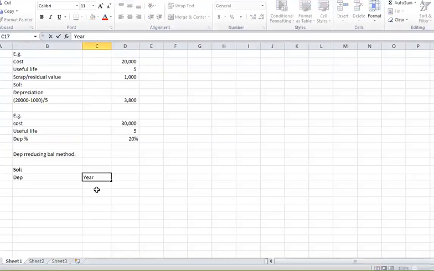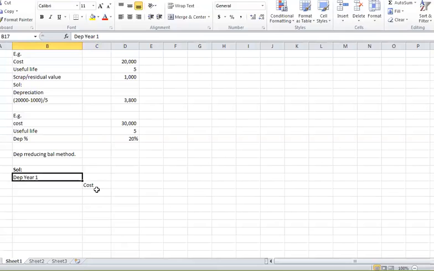Depreciation in year number 1. So what is the cost of this asset?